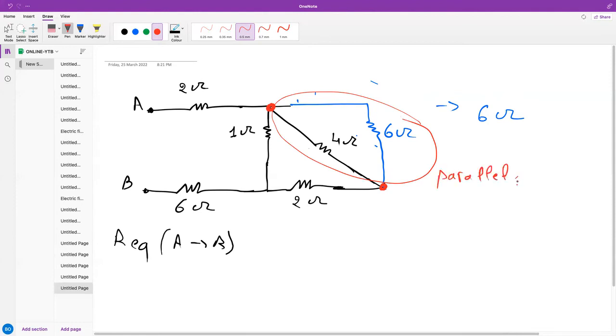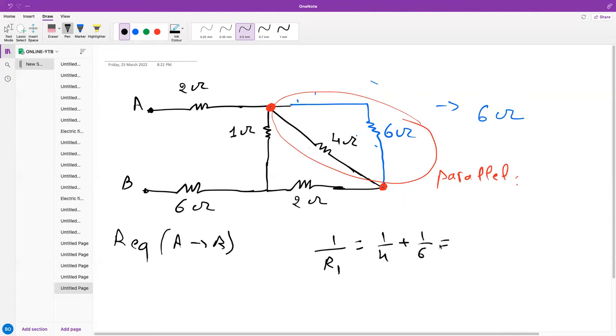How to define their equivalent resistor? I can call it, for example, R1. It will be 1 over 4 plus 1 over 6.